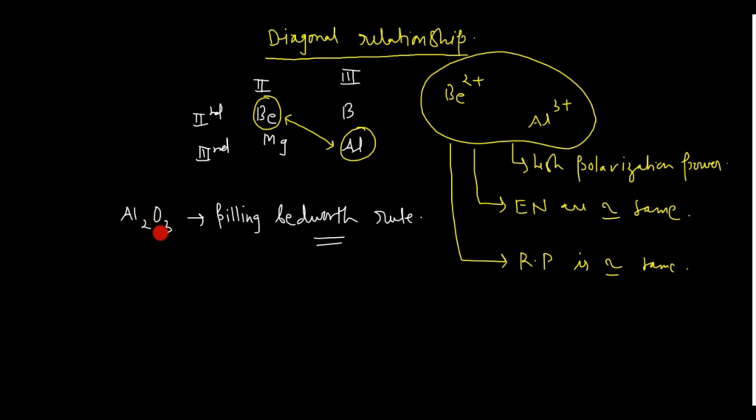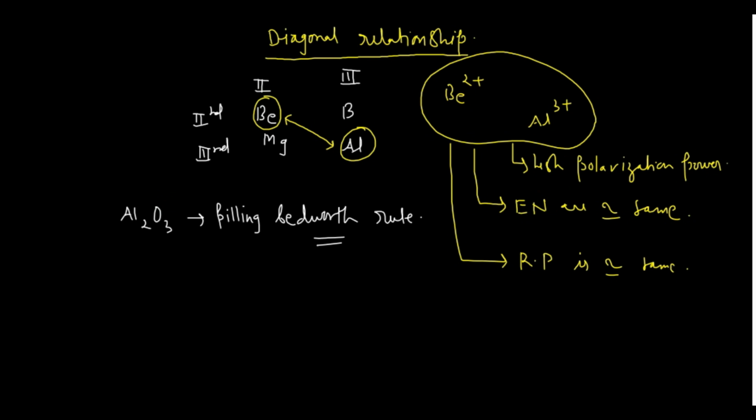It covers the surface of the fresh aluminium completely, and penetration of fresh oxygen will not occur. So it is corrosion resistant. In the same way, beryllium is also resistant to oxidation or corrosion.